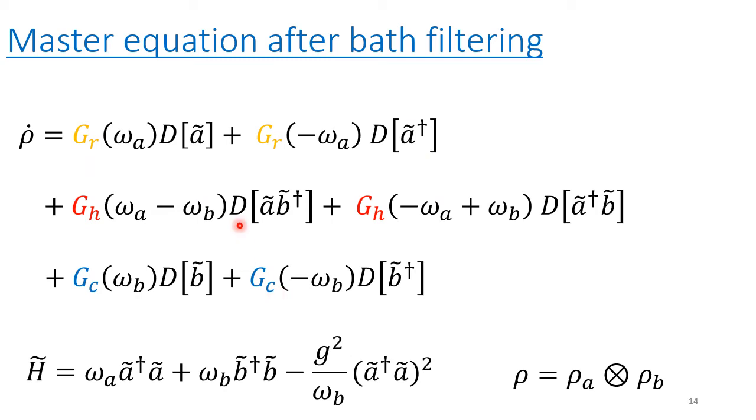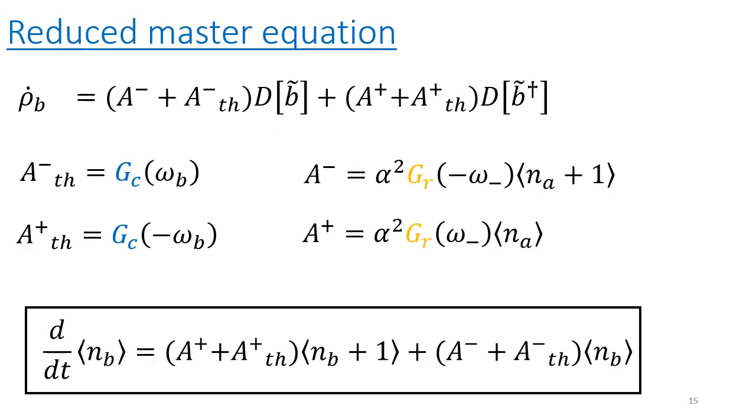And remember this, we have dropped other terms, which we can do, and we lay out the complete description in our paper of how we can drop these terms using path filtering, which I think is not important in this talk. All right, so we are only interested in the dynamics of the mechanical resonator. We take the trace over the optical resonator, so this is the master equation, and we are interested in the mean number of phonons, so we write the equation for the mean number of phonons.